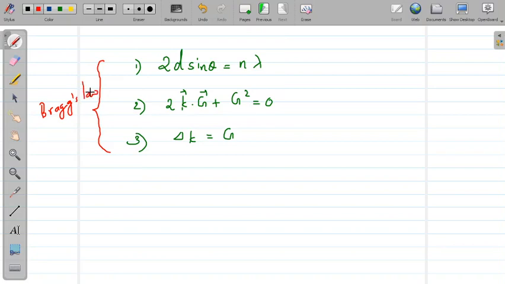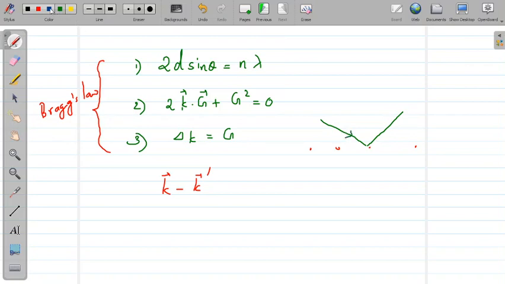So let me explain the third equation, delta k equal to g, a little more in order to get a clear picture. What is delta k actually? Delta k is defined as k minus k dash, vector k minus vector k dash. Suppose we have a crystal lattice here. A ray is incident on this and it is getting scattered in another direction.